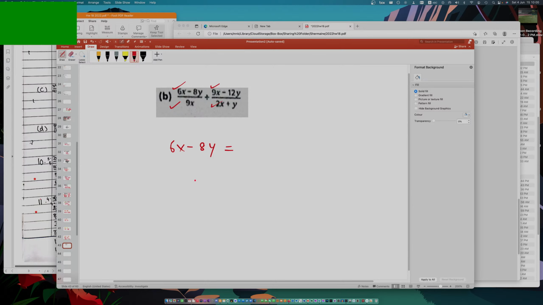Take out what? 2. Okay, good. 2, 3x, right? This one will be 2, 4y, right? Yeah. So common 2, right? 3x minus 4y. Okay, good.